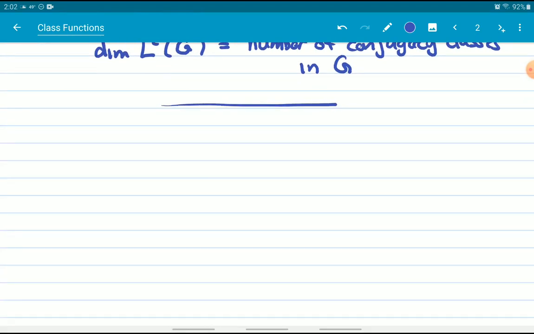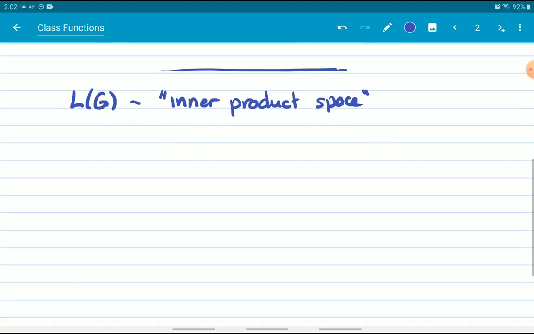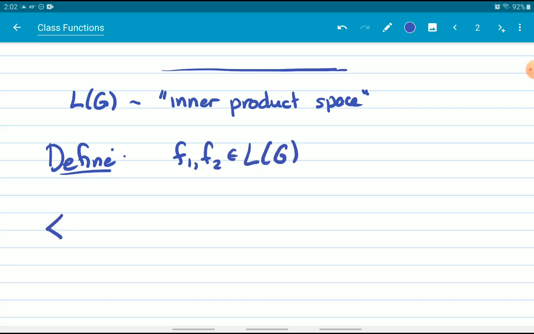Now, it turns out there's a little bit more structure here. The space of functions on the group has the natural structure of an inner product space, and more precisely, a Hermitian inner product space. Let me say what this is. If I have two functions on the group, I'll write angle brackets f1, f2.